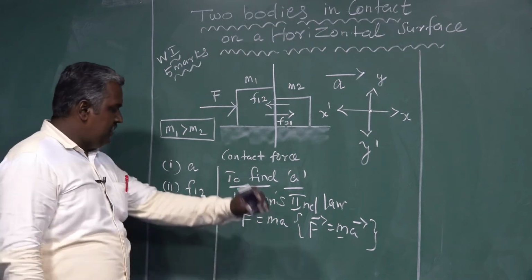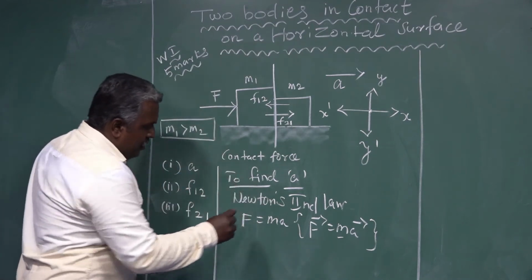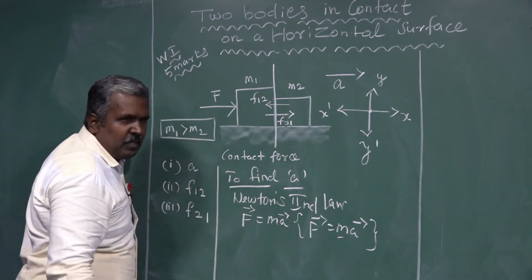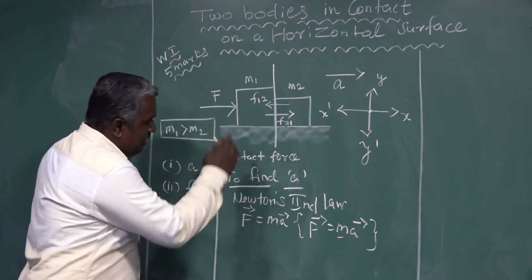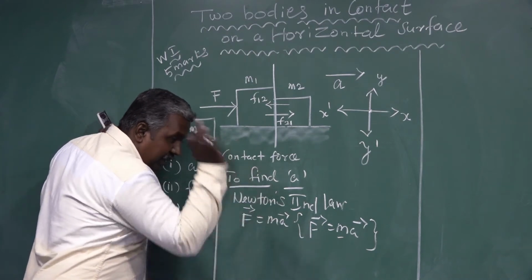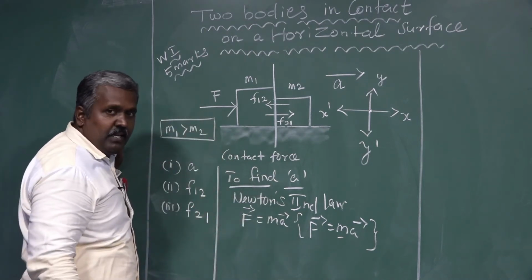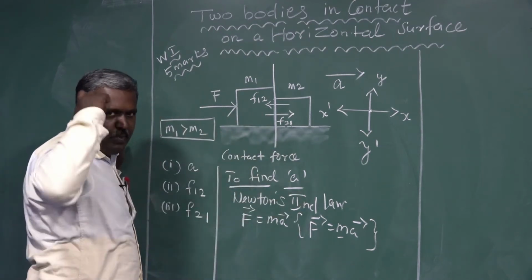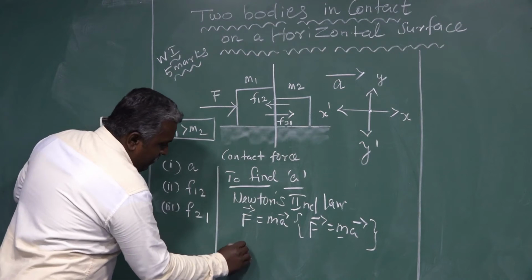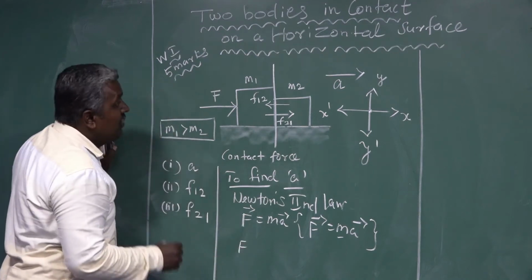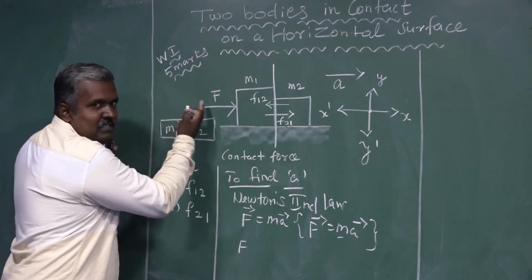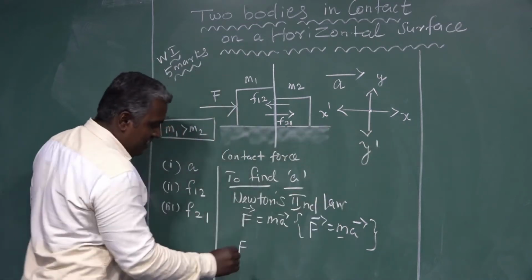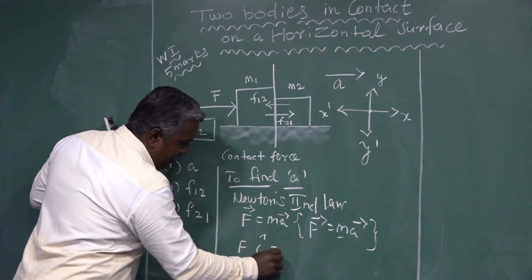Listen. Total force, total mass, total acceleration. That is very important. Keep it in mind. So total force F: what is the total force on the system? Capital F in the direction of the positive x-axis, so F i cap.